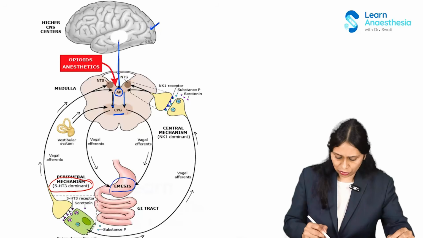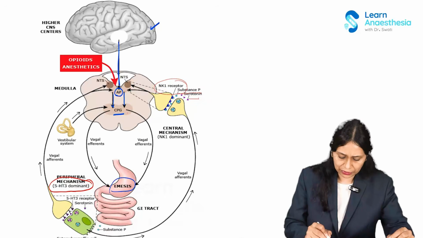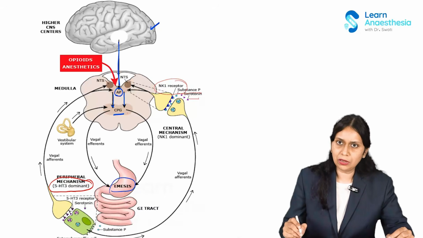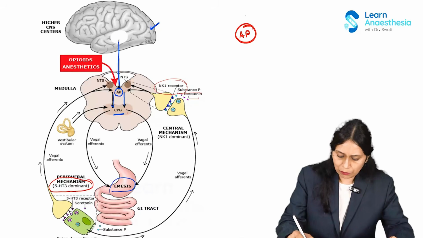Then through enterochromaffin cells, the vagal afferent, serotonin is also released. Again, substance P is also released, the neurokinin receptor is also activated, which would also activate the area postrema and which would activate the central pattern generator. So area postrema is activated by central and by multiple peripheral mechanisms.